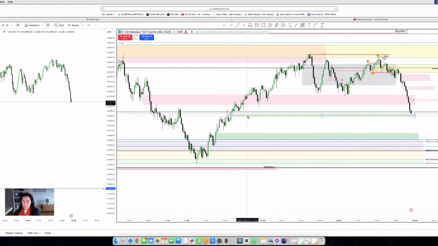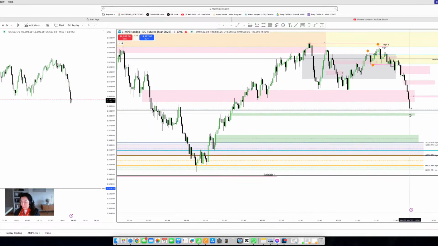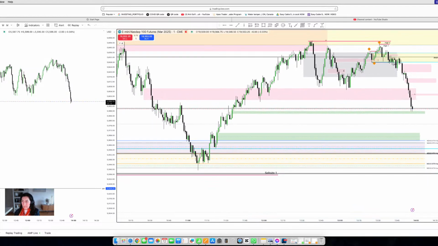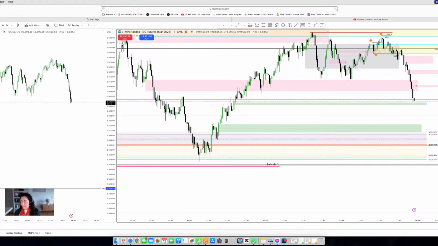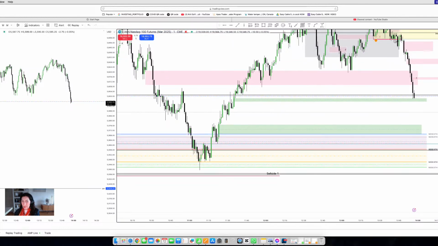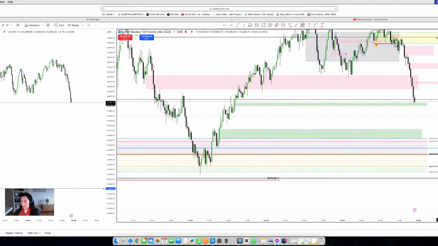So this is a 1 minute BISI here. We'll see if price respects this PD array. We're right at Asia high, 157. Or if we turn that into an inverted fair value gap.